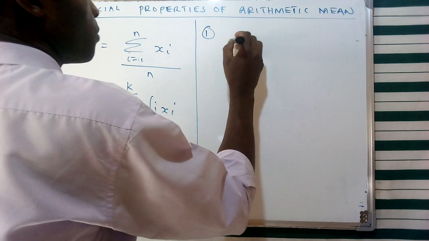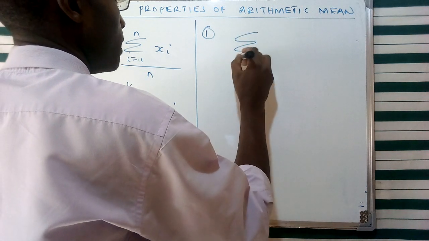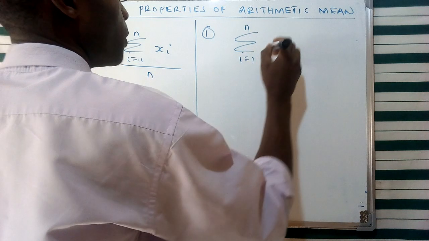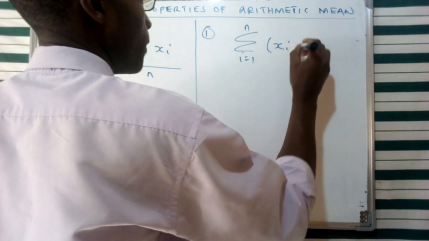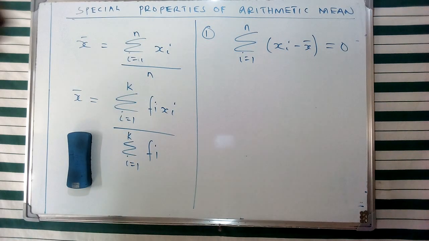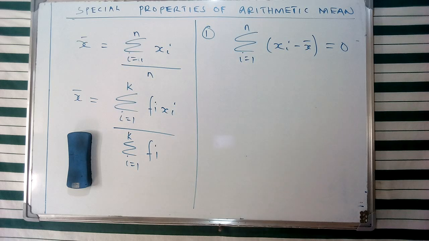This is given as the summation of the deviations of a set of items from the mean, which is equivalent to 0. That is one of the properties of the arithmetic mean.